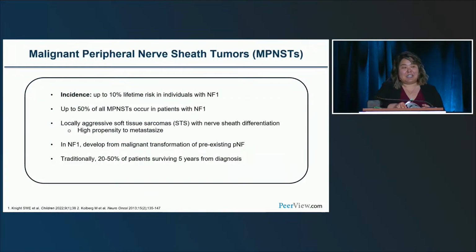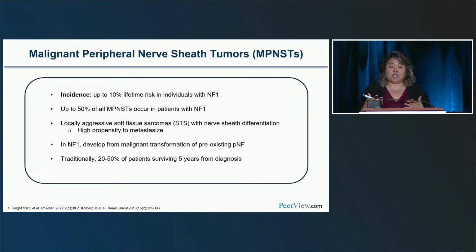So a little intro about malignant peripheral nerve sheath tumors. The overall incidence of this in individuals with NF1 is quite high. They have about a 10% lifetime risk of developing an MPNST. But not all MPNSTs occur in those who have NF1. About half of all MPNSTs are happening in patients who have NF1.